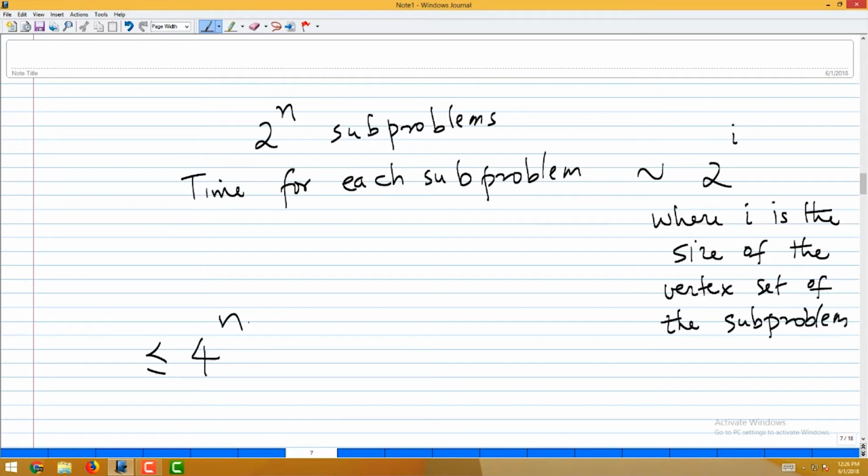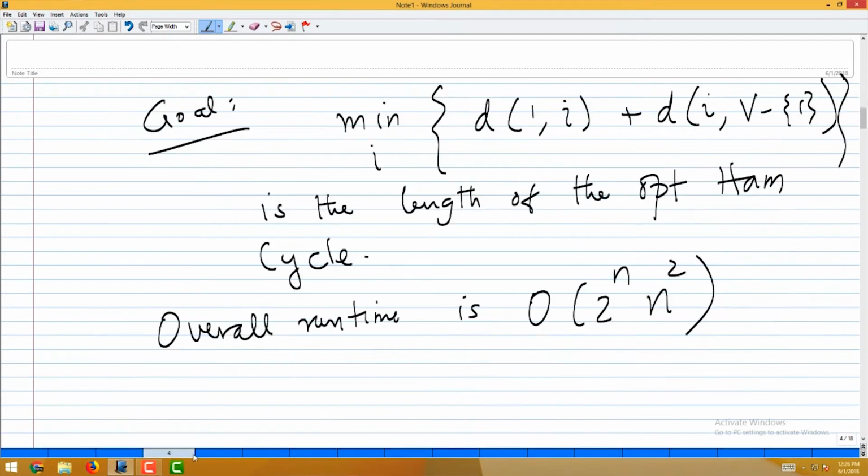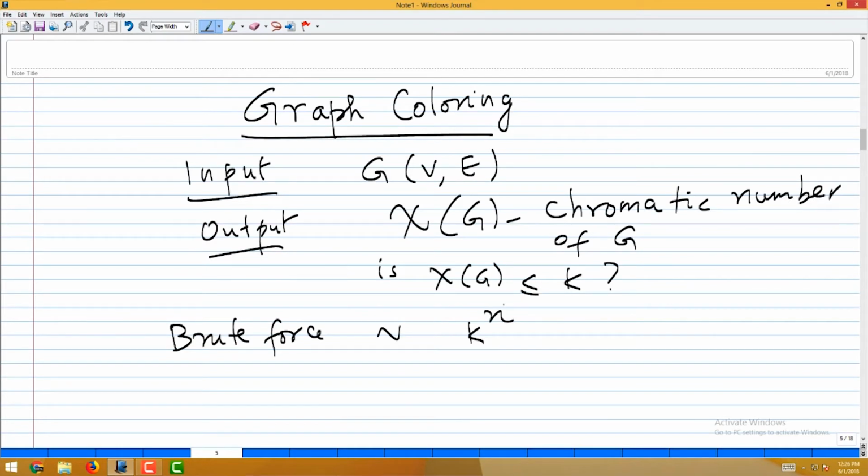This is still better than where we started off, at least for 5 coloring or 6 coloring, because we had k power n. If I ask you, can you color the vertex set with 10 colors, the brute force will be 10 power n, but we managed to get to 4 power n. But a tighter analysis tells you it is actually not 4 power n, it is 3 power n. Why?